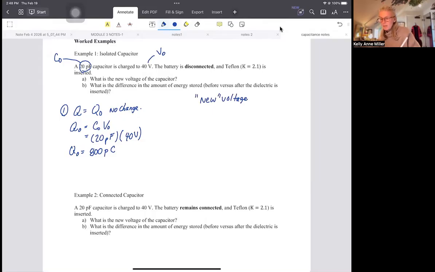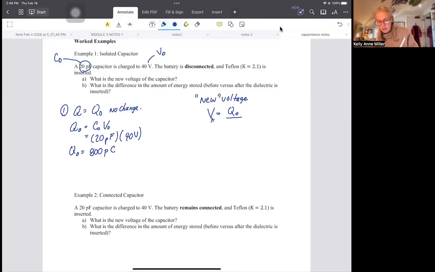Basically, the new voltage is going to be equal to the original Q. Because Q doesn't change, I can just use that Q for the new Q as well. Let me think of a better way to write this.